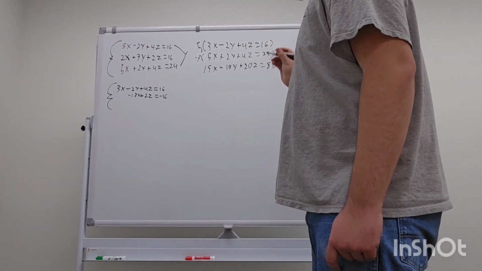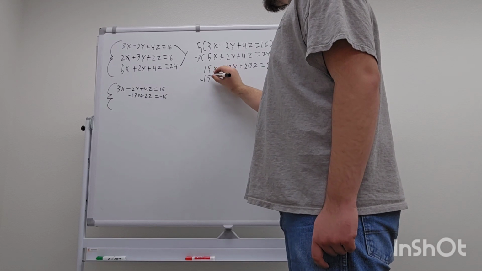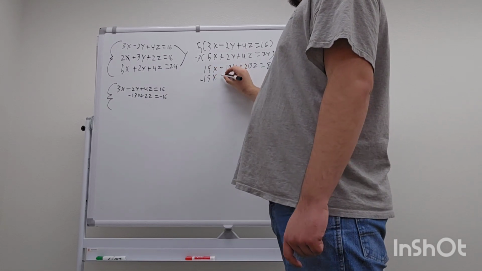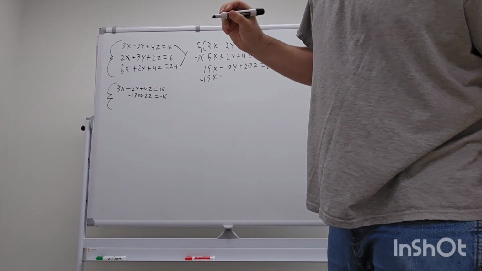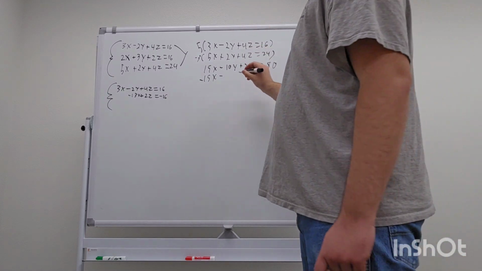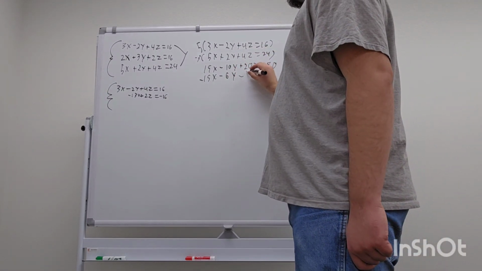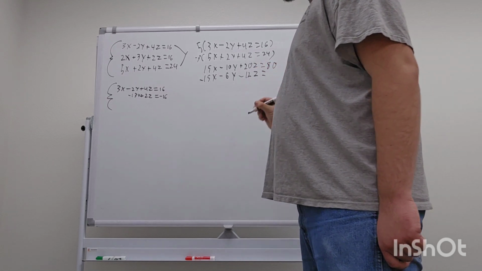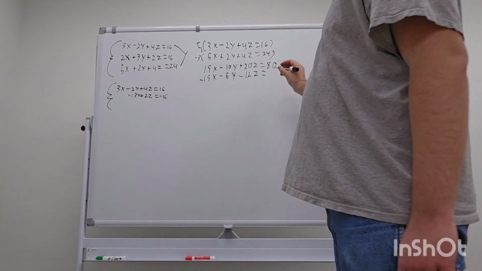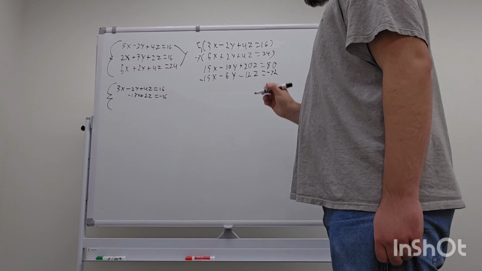It equals 80 over negative 15x minus 6y minus 12z equals negative 72.